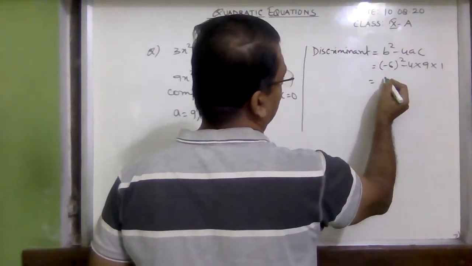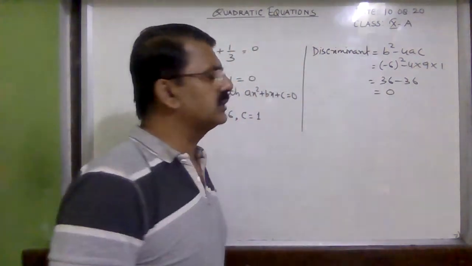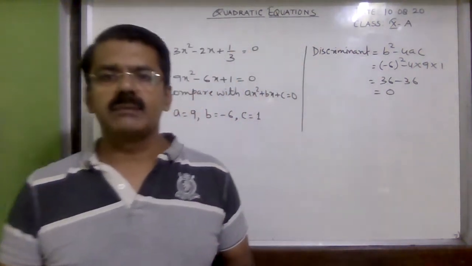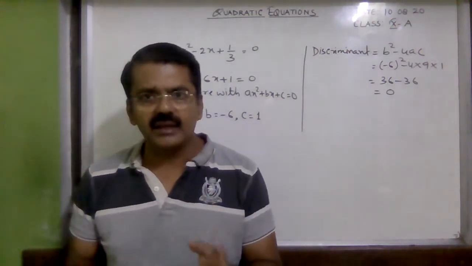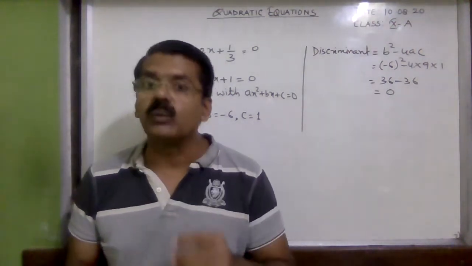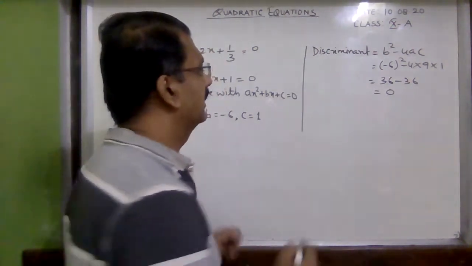Now minus 6 square will be 36, minus 36, that is 0. Now you can see here the discriminant is 0, that is the second case. The roots are real, rational and equal because the discriminant is 0.